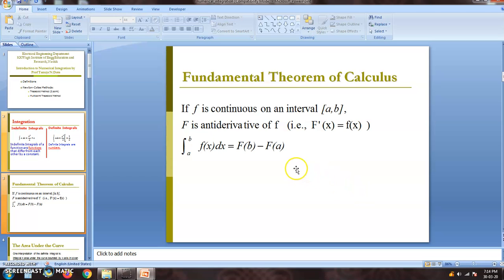Many of the times, we need to follow the fundamental theorem of calculus while understanding integration.